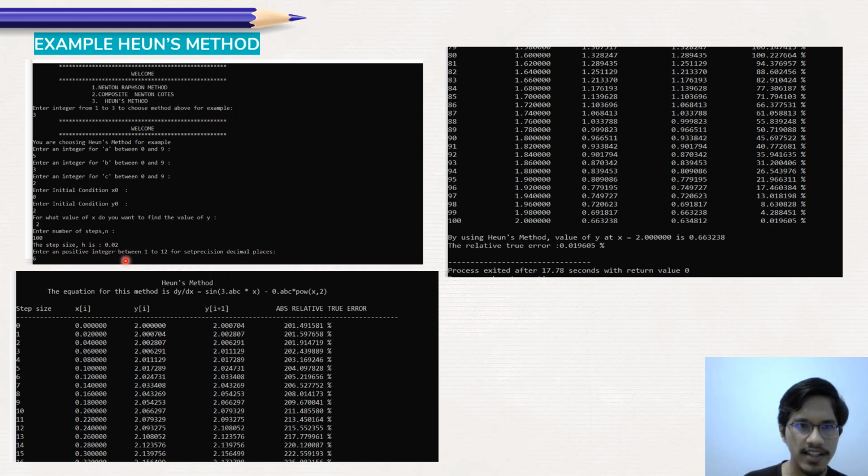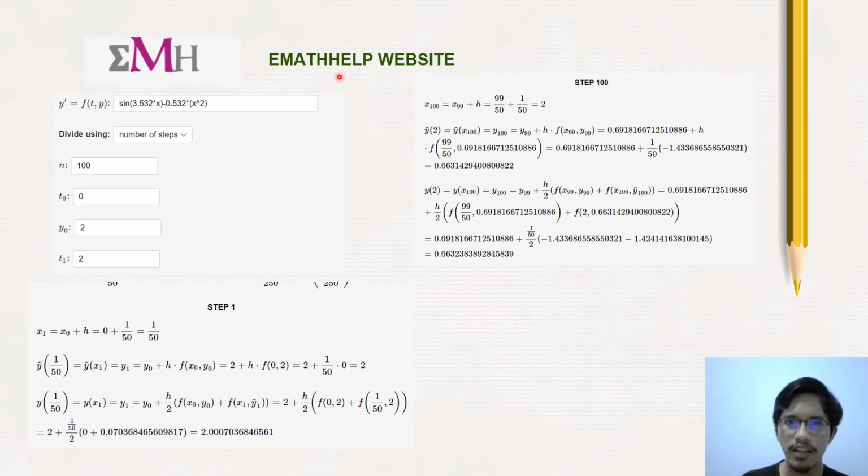For the decimal places, I use 6. Here the solution is quite long. Here is a few of my answer. Until here, at step 100, we got X is 2, Y is 0.663238, and the relative error is 0.019605.